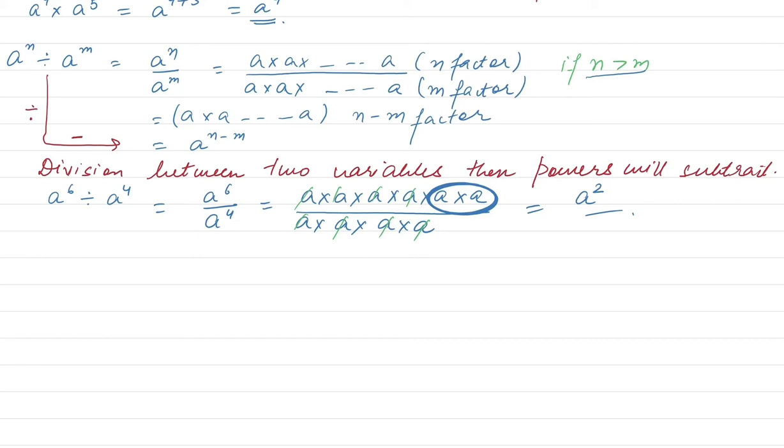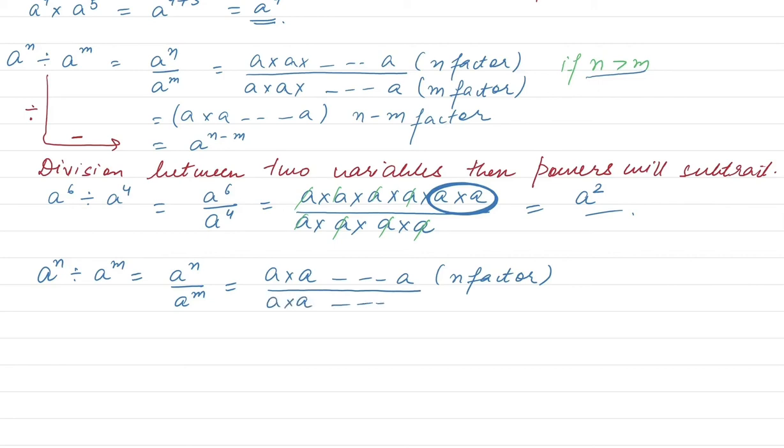Now let's do another one. If it is a to the power n divided by a to the power m, this is equal to a to the power n over a to the power m, same, but in this one there is a separate case. We can write in the same way a times a, n factors, divided by a times a so on up to a, m factors.